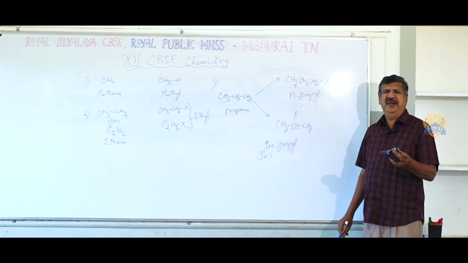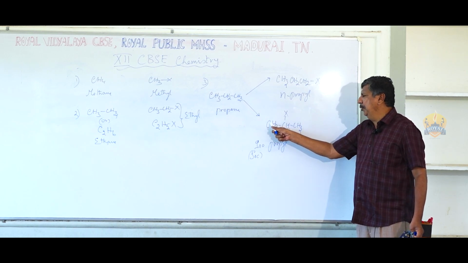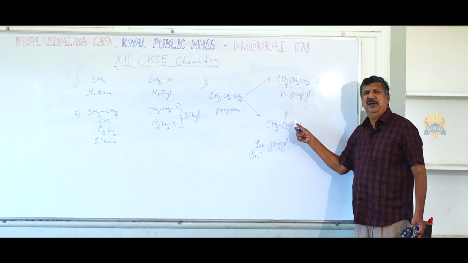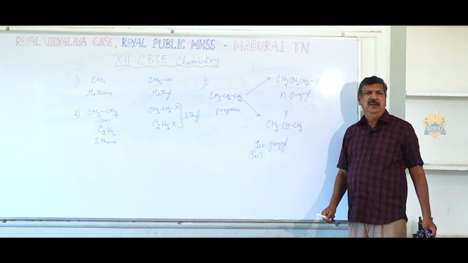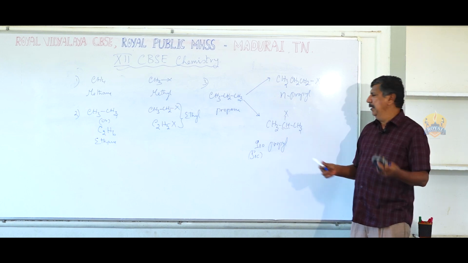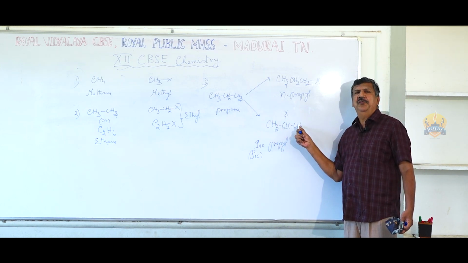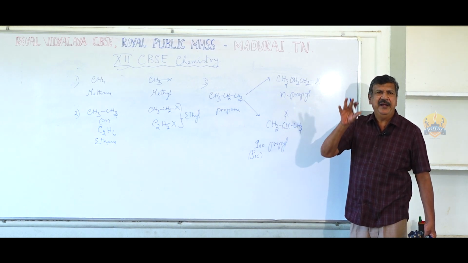In chemistry, iso means a carbon having two same groups is called an iso group. This is an additional point if you want to know. That is, a carbon having only two similar groups is called iso.